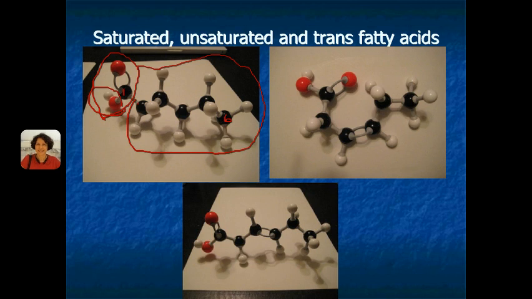If you look at the unsaturated version of this fatty acid, we have introduced one double bond between carbons 3 and 4, and here's the double bond. When you do that, the number of hydrogen atoms to which those 2 carbons can bond is 1 less for each of them. So you're going to lose 2 hydrogen atoms in that molecule.